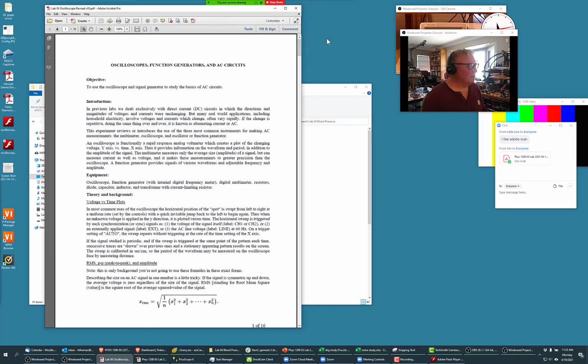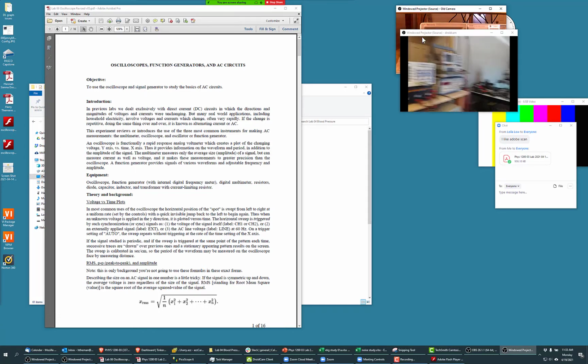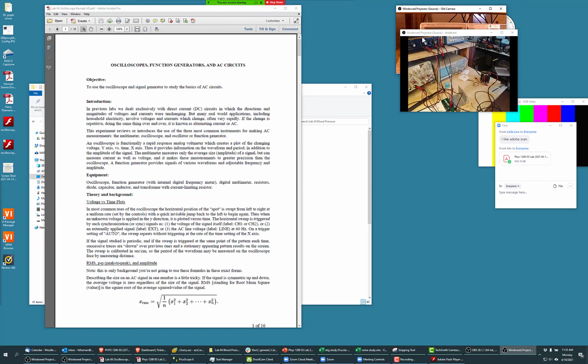What we're going to do is the beginning parts with me, because I have a real oscilloscope here. I showed you this a little bit last week. And I have a real function generator and a transformer. So there's a transformer down here.